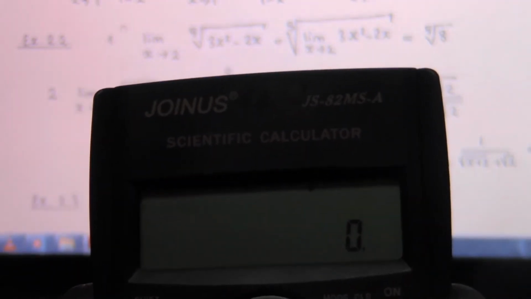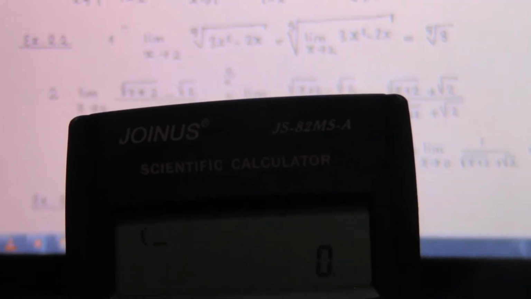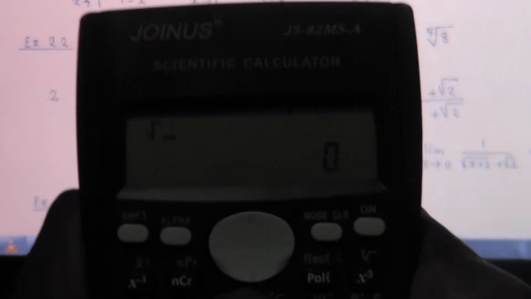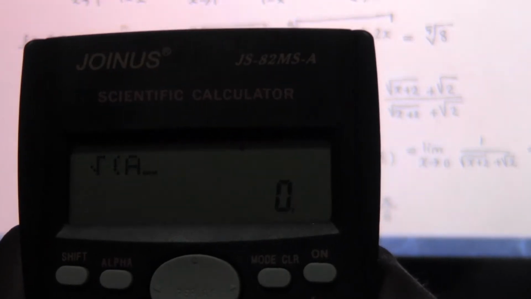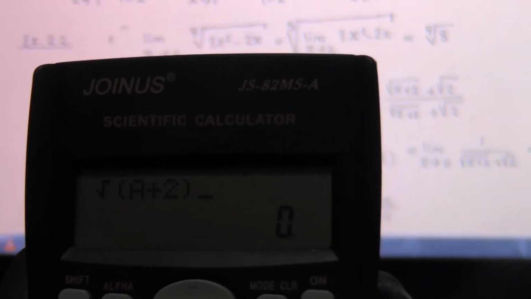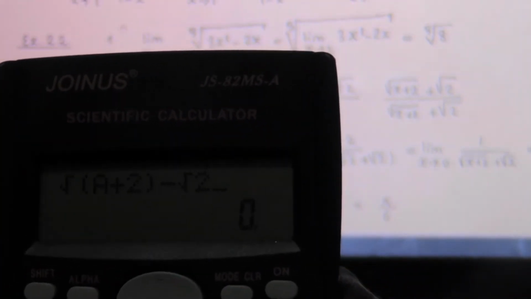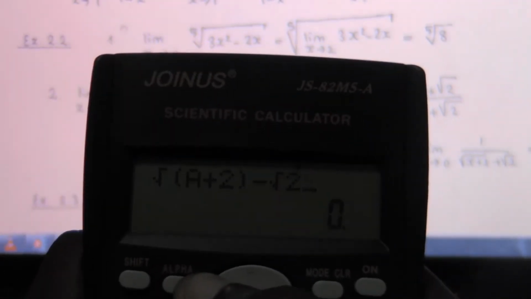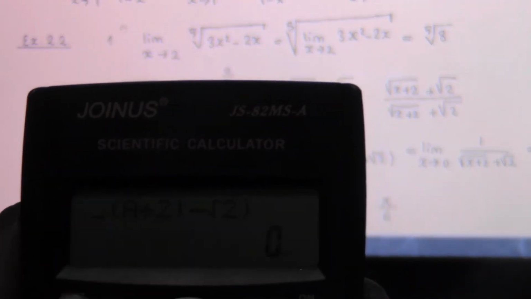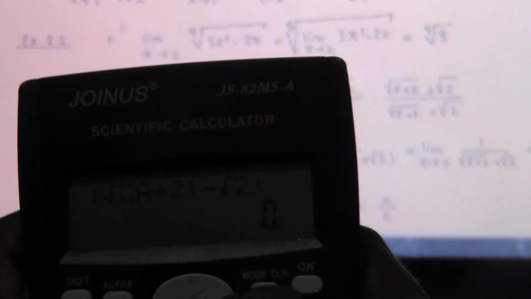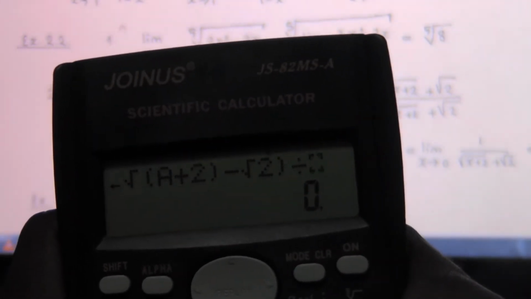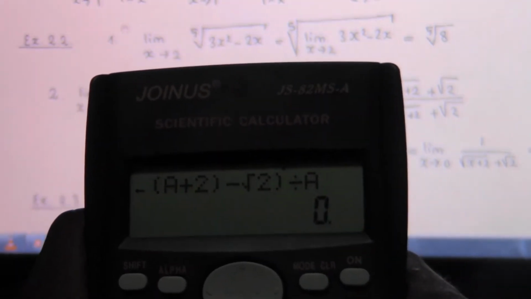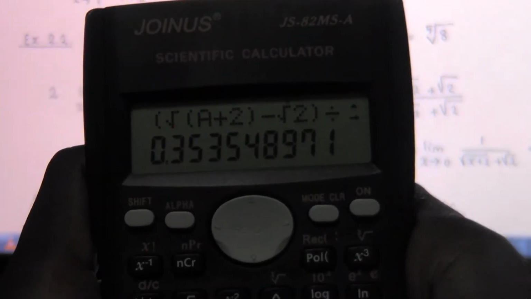So we have the square root of open bracket A plus 2 close bracket minus root 2. You put all that in two very big brackets, insert, and you go back, divided by x, which is the A. The answer is that.